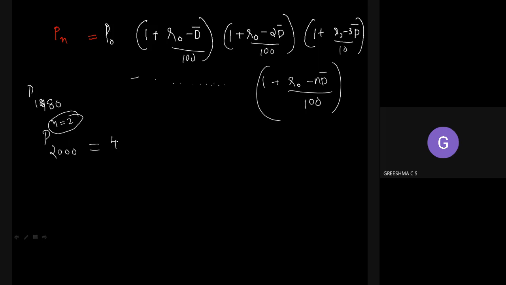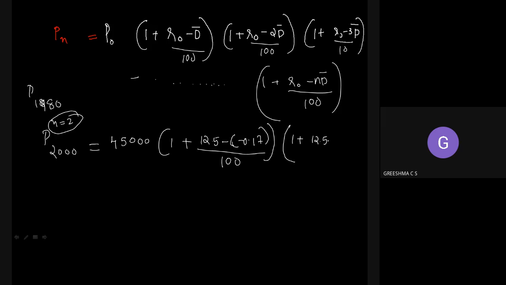P0 is 45,000 into 1 plus R0, which is 12.5, minus 0.17 divided by 100, into 1 plus 12.5 minus 2 into 0.17.